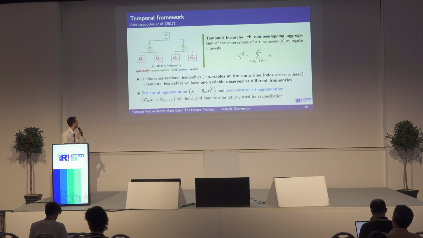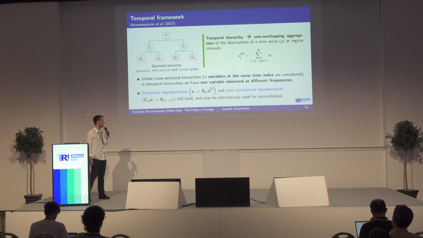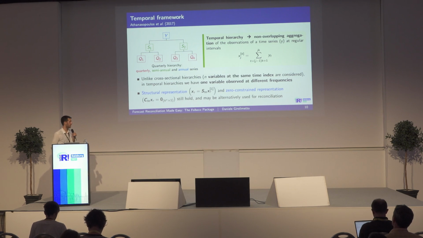Looking forward, the temporal hierarchy has a non-overlapping aggregation of observations of a time series y at regular intervals. Here we have the formula, but I don't want to spend too much time on formulas. Just to give you a brief example, here we have a quarterly time series: quarter 1, quarter 2, quarter 3, quarter 4.